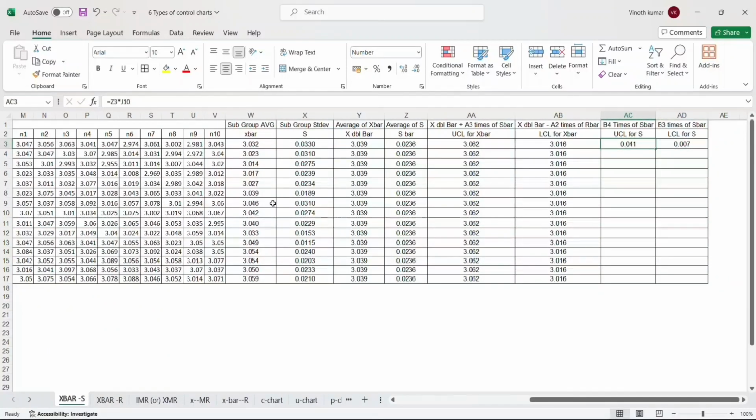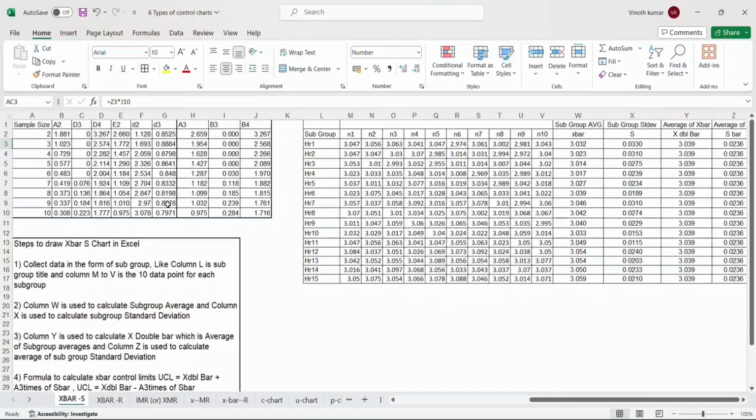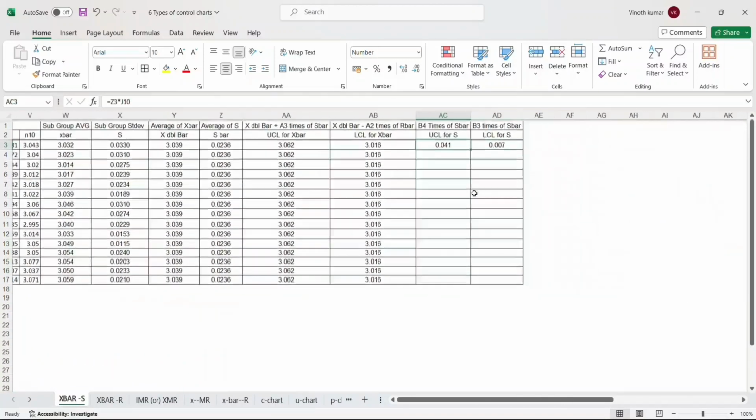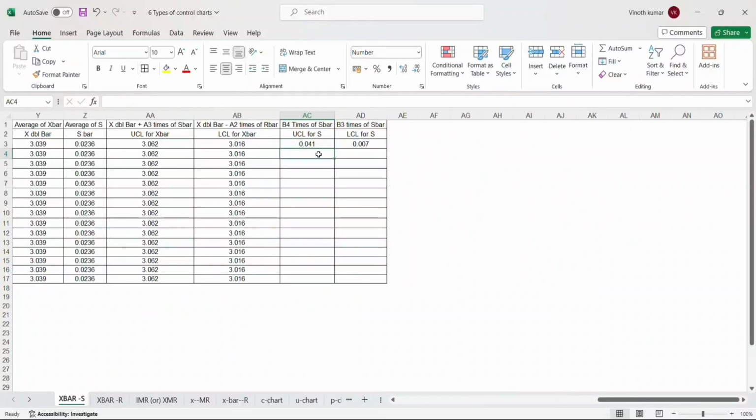The formula is B4 times S bar. I have my S bar value here, and B4 for n equal to 10. That's why we have taken this value. Similarly, S bar multiplied by B3 for n equal to 10. That's why we have taken this value. Again, these two values should be straight lines in my control chart. So I'm going to refer this and this also. Now I can copy paste this.